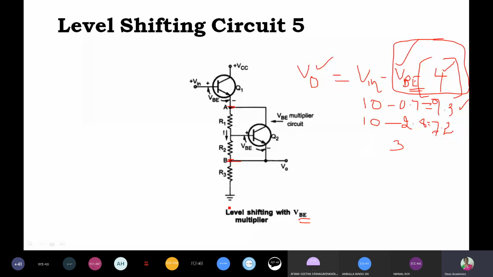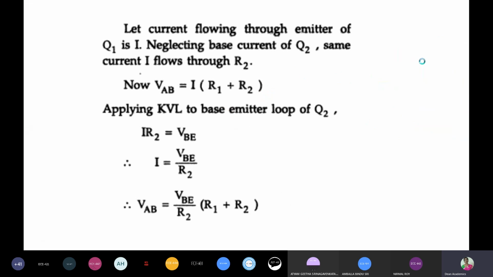Now one more resistor is added, and between points A and B, one transistor is connected like this, right? So base here, collector here, and emitter here. So with this type of circuit arrangement, we will get some multiplication factor with VBE, right? So let us see that circuit, that equation.